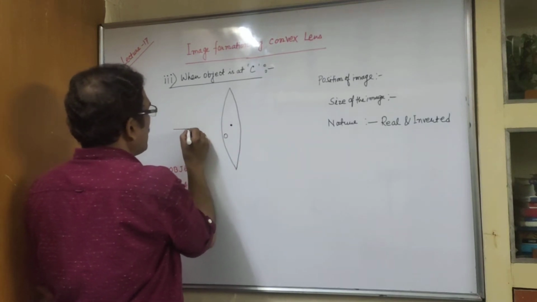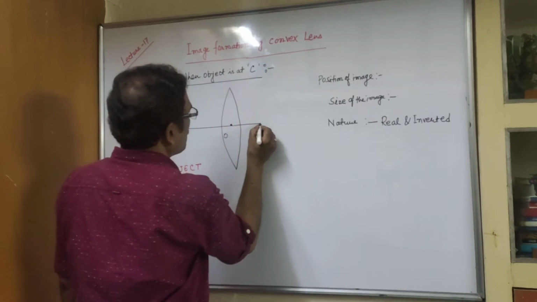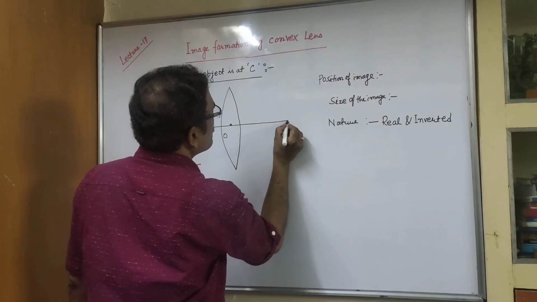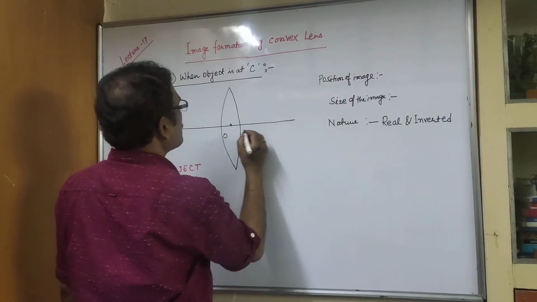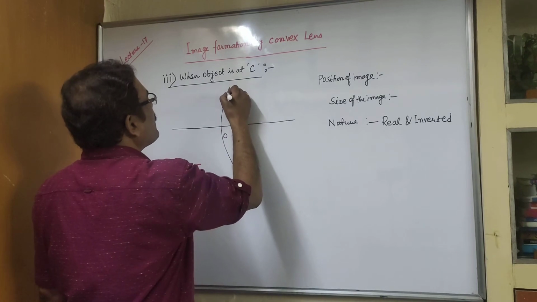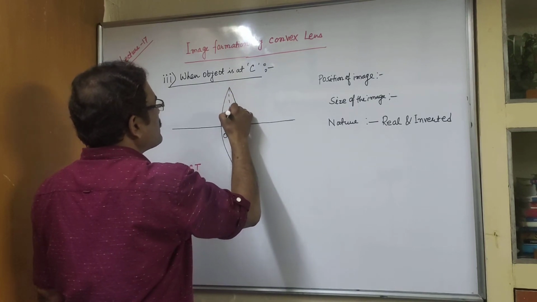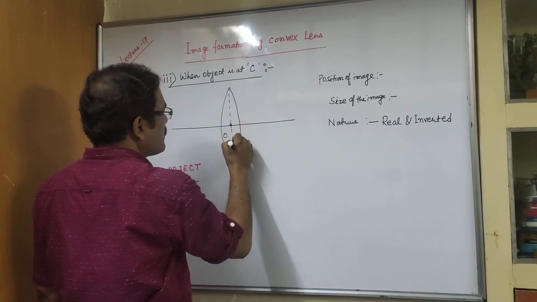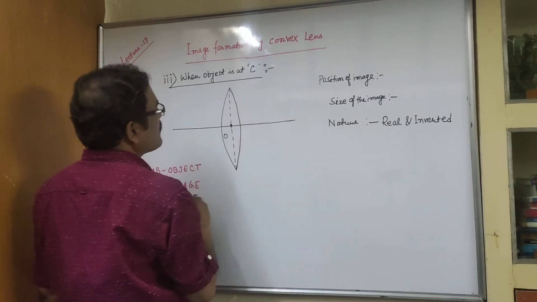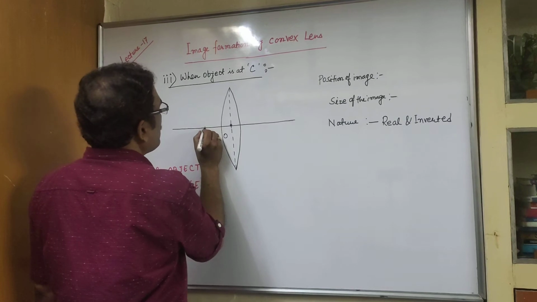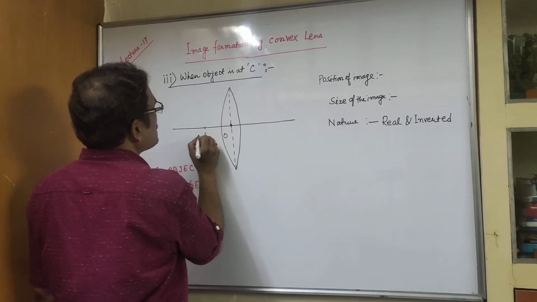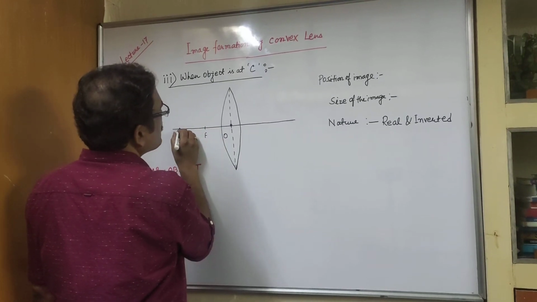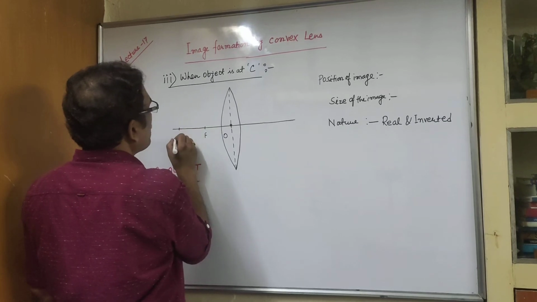Draw a horizontal line like this. Mark the aperture of the lens. Now mark the point principal focus and center of curvature.